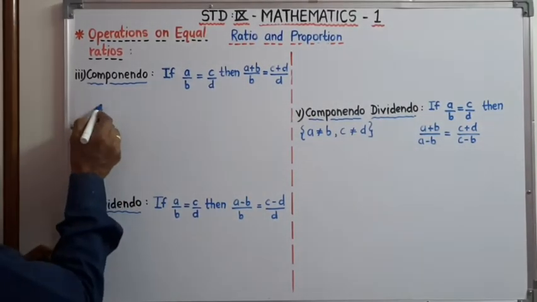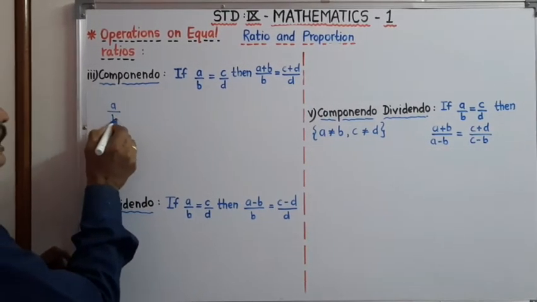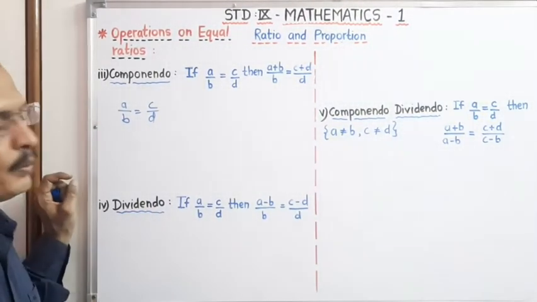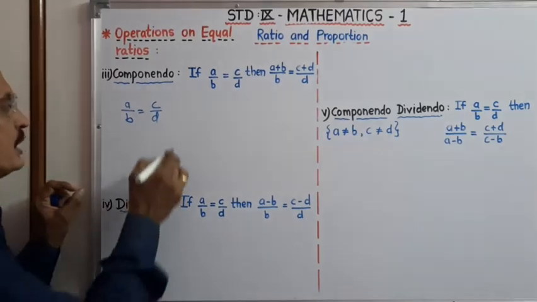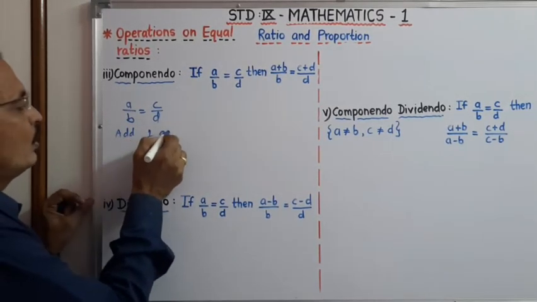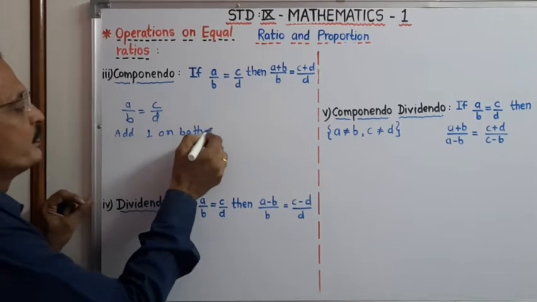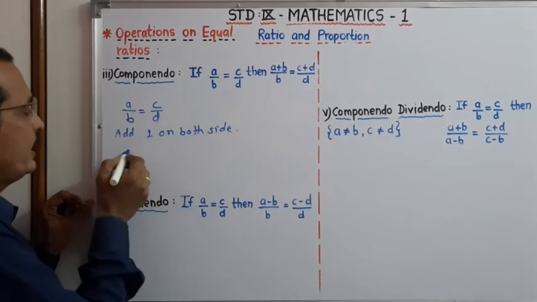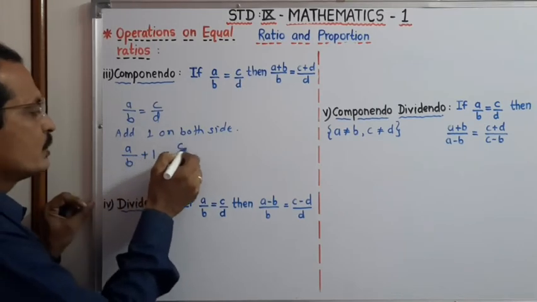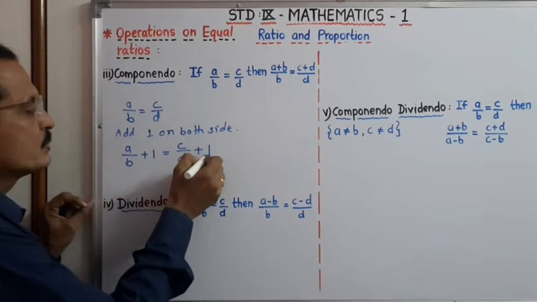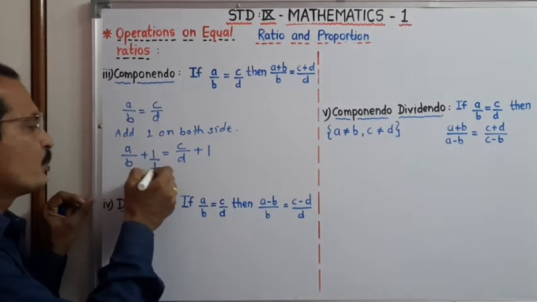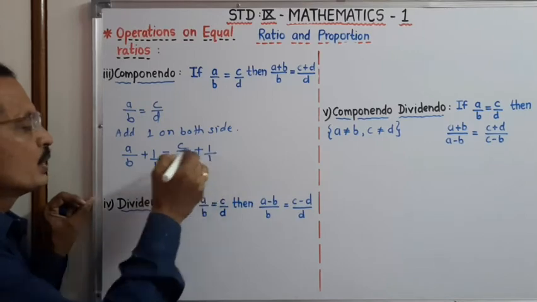For that purpose, dear students, see here, we know that a upon b is equal to c upon d. In this, we have to add 1 on both sides. Therefore, we can write, add 1 on both sides. Now dear student, by adding, a upon b plus 1 is equal to c upon d plus 1. Now if we add this 1, it means 1 upon 1, and here it is also 1 upon 1.